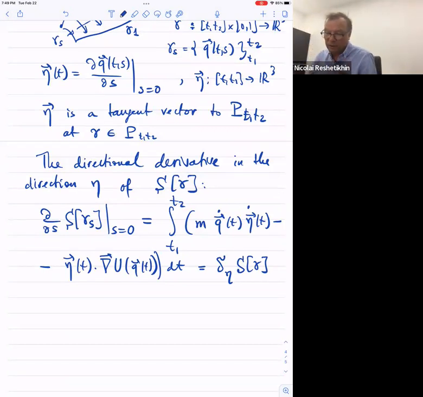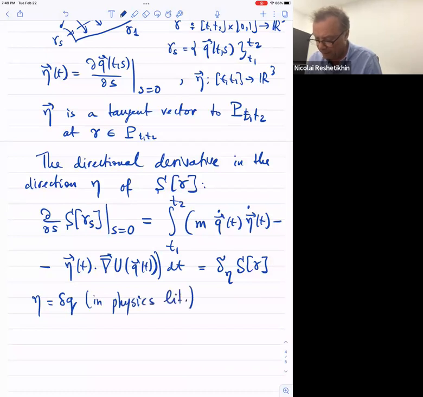And really, when you see a variation written somewhere, or when you hear this is a variation of something, it simply means a directional derivative. And this variation eta, which sometimes is denoted by delta q, especially in physics literature, is simply a tangent vector to the space of paths.